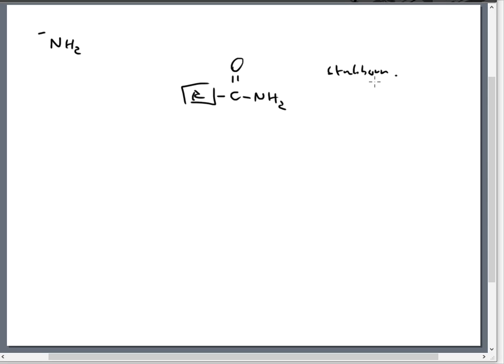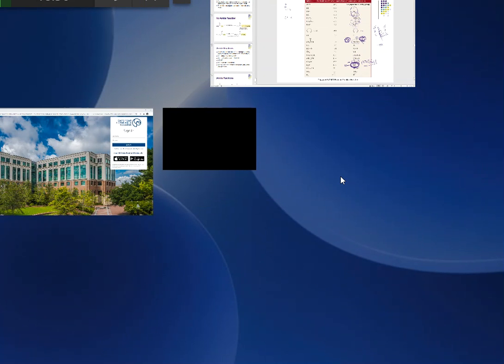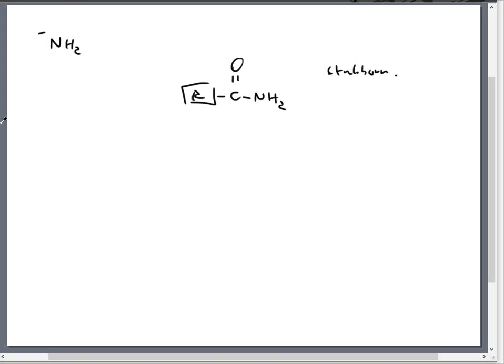But we can get these to be reactive. How do we do that? Well, we're going to add in a little bit of acid and a little bit of heat. That is what these reactions are going to require. And if we add acid and heat, then the rules kind of change up on us a little bit. We can get these things to react and to do something.